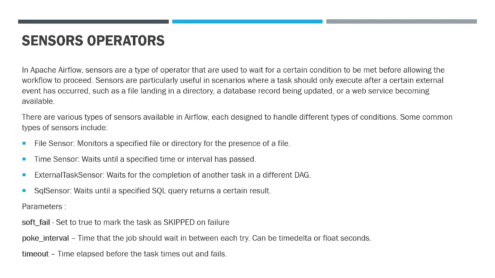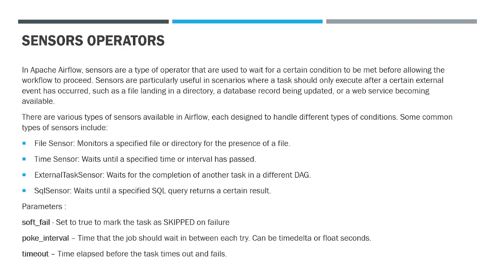This is helpful when we are setting up dependencies between two DAGs, and in the upstream DAG we are waiting for the particular task to end. Then comes the SQL sensor, in which we are waiting for a specific SQL query to obtain a certain result. A sensor operator takes a few parameters such as soft fail, poke interval, and timeout.